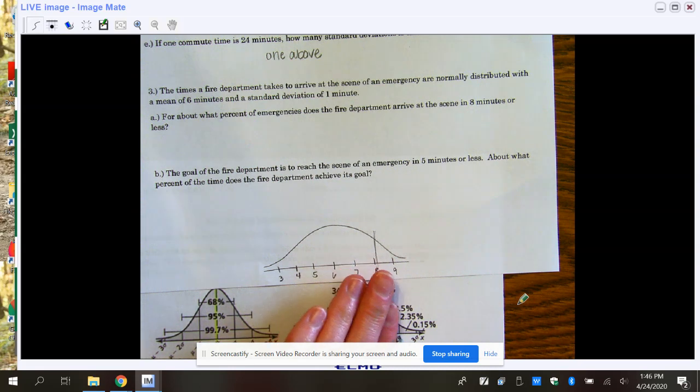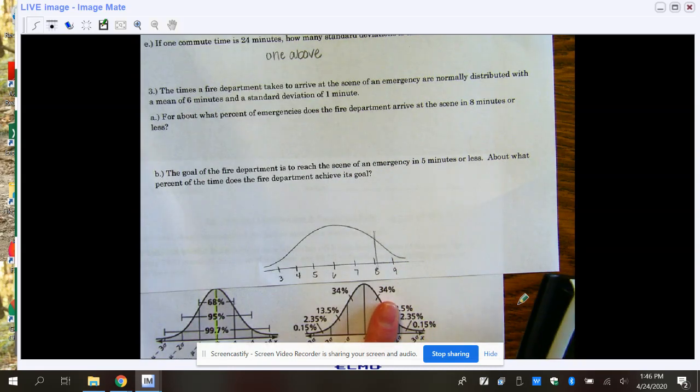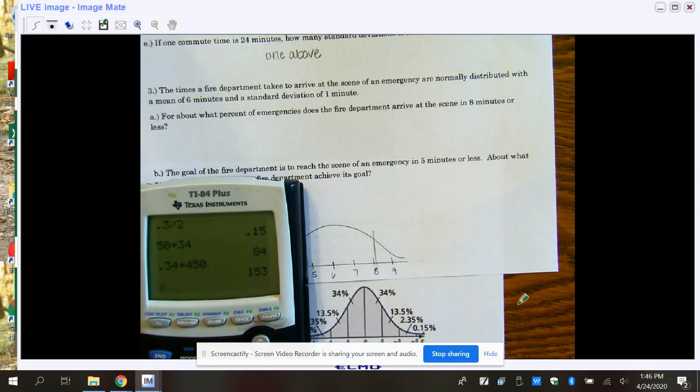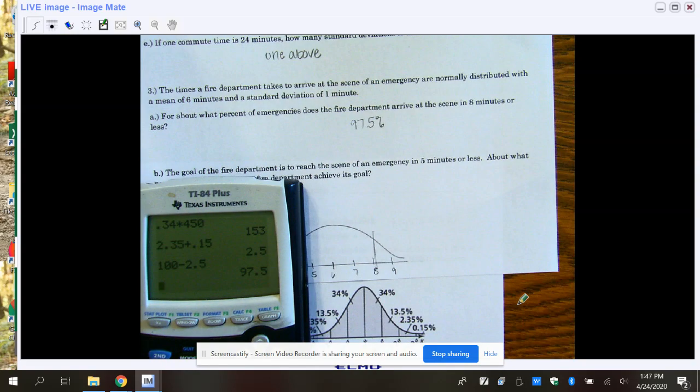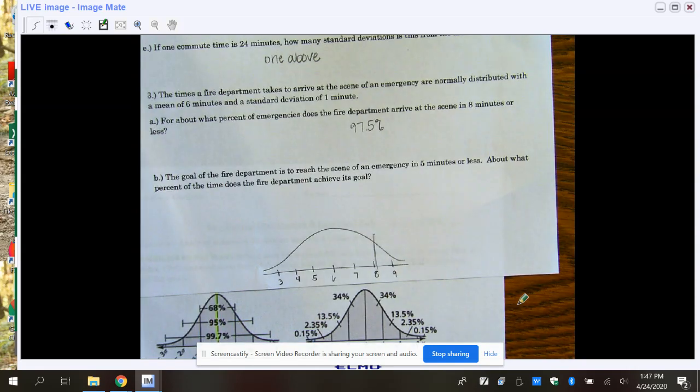So 1, 2. So that means right here is what I have left. So 2.35 plus 0.15 is 2.5%. So that means that 100 minus 2.5 is 97.5. So 97.5% of your data falls under 8 minutes.